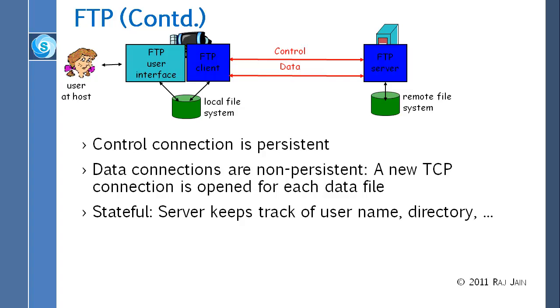So the data connections are non-persistent, and the control connection is stateful, and the server has a complete state. It knows what directory you are in, what device you are in, and so on and so forth, what your username is. So until you close the control connection, the whole state is maintained. This is in some sense the opposite of HTTP.